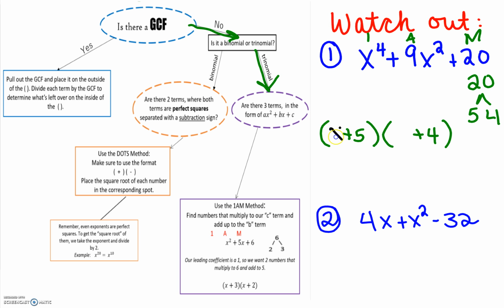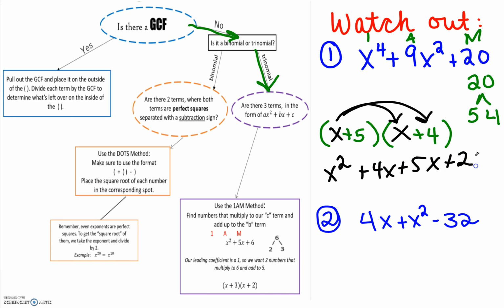If we used x and only x, watch what happens when we multiply to check it out. X times x is x squared. We would have our 4x plus 5x plus 20 when we distribute all our terms. Altogether, that's x squared plus 9x plus 20.